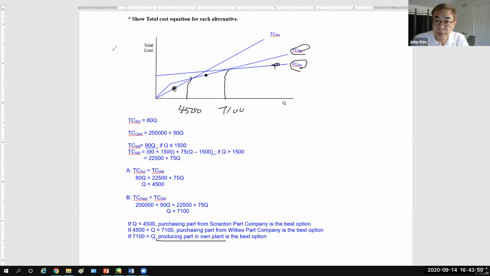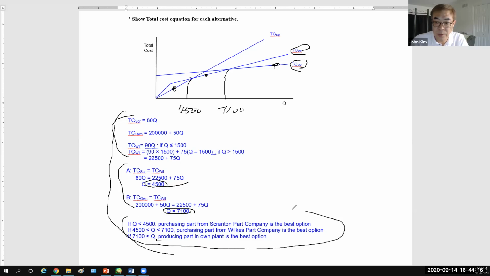So when you do your assignment too, it is almost the same as this. You need all these parts: set up the equations, solve, find the two points, and then based on the boundaries, you need this part too. So the final answer looks like this, okay?